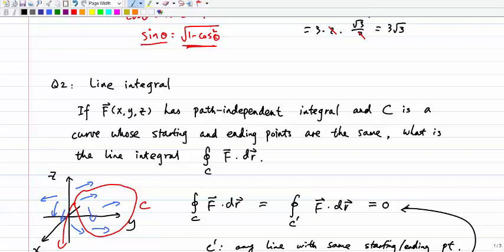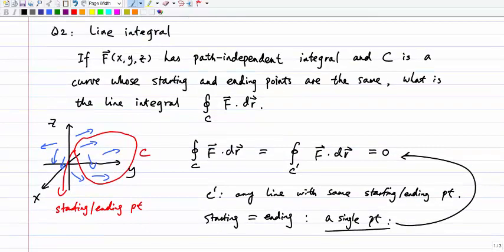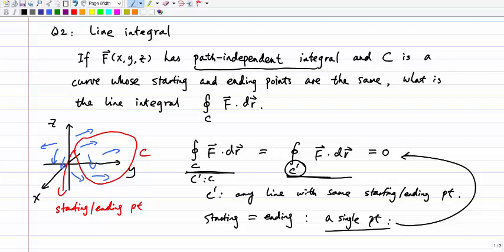Here I draw a picture of what that means. Suppose I have a vector field f, and this f has path independent integrals, and let's say I draw some curve C starting and ending at the same point. Because of path independence, the integral over C is the same as over any C prime, another curve that shares the same starting and ending points.